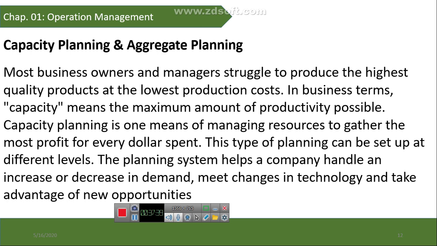In another type of capacity planning, rollout takes place at the master scheduling level like aggregate planning. This planning strategy considers the time needed to complete the production but focuses on the short term rather than the medium. So this was the aggregate production strategy. Thank you so much.